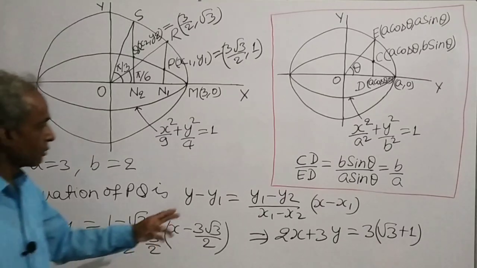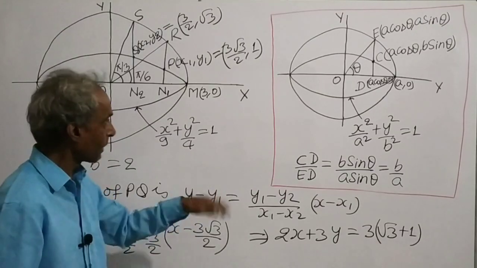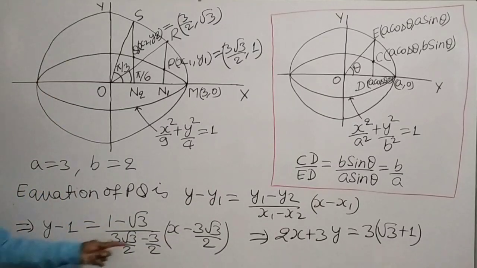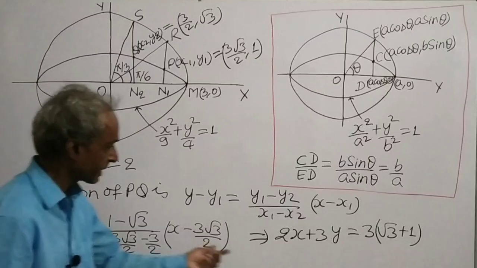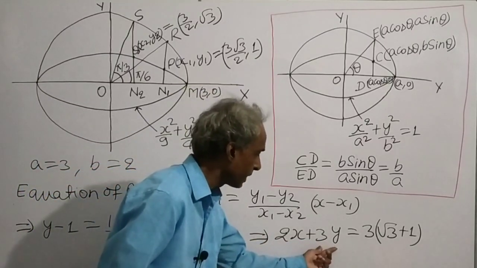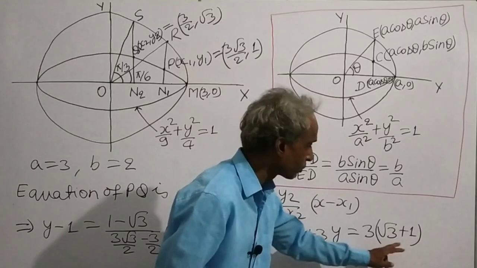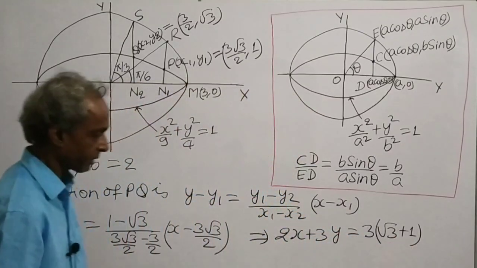Now we put the values of x1, y1, x2, y2 in place of x1, y1, x2, y2. Then we get this. After a little simplification, we get the equation of PQ as 2x plus 3y is equal to 3 root 3 plus 1.